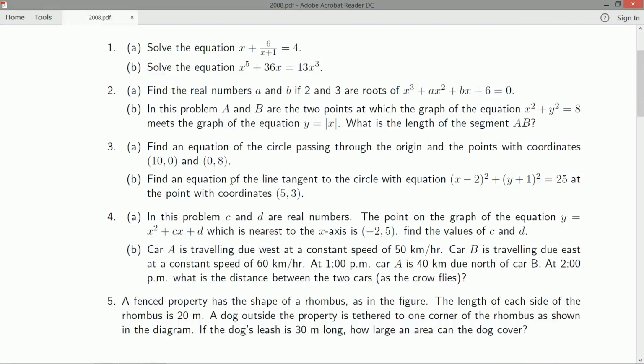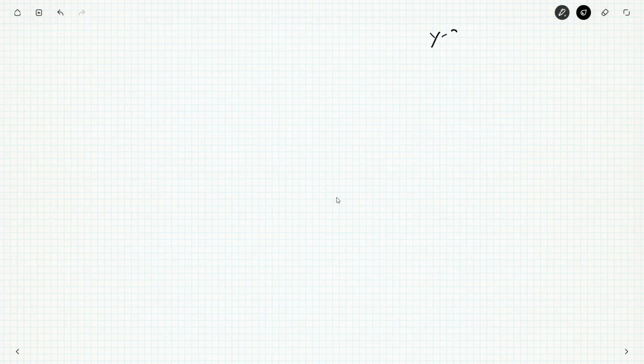So what did part B say? Find an equation of the line tangent to the circle with equation (x minus 2) squared plus (y plus 1) squared equals 25, at the point with coordinates (5, 3). All right, let's draw another picture. It's x minus 2, then y plus 1 squared is 25.